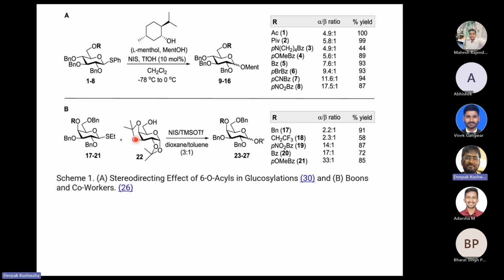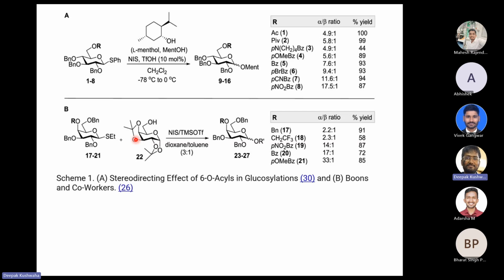Many reports are there based on the nucleophilicity of the acceptor, and that's why they are not using a sugar acceptor, because with sugar that difference is definitely there. At the same time they are saying something about chirality also.